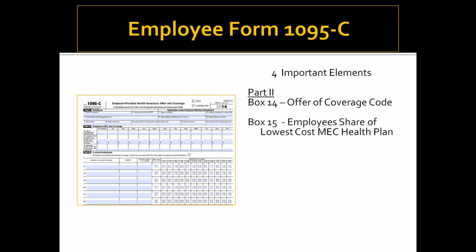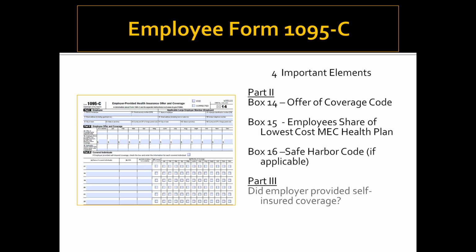Box 15 is the employee share of the lowest cost health plan, minimum essential coverage plan, that's MEC, and we'll go over that in a little more detail. And then also box 16, the safe harbor code, if applicable. And then finally, in part 3, did you, as an employer, provide any self-insured health plan coverage? And that will expand the type of information that will need to be tracked in the system. So we'll talk about each one of these.